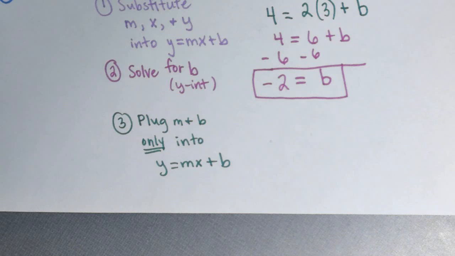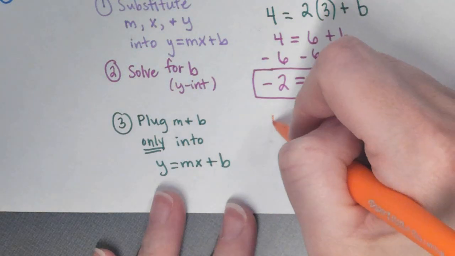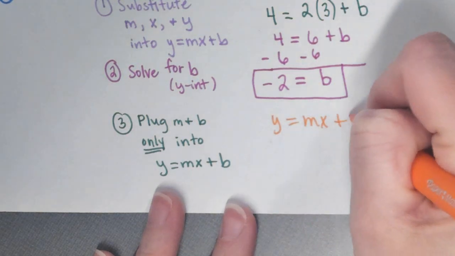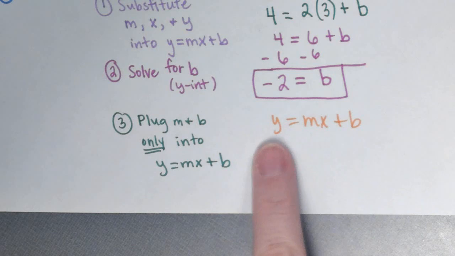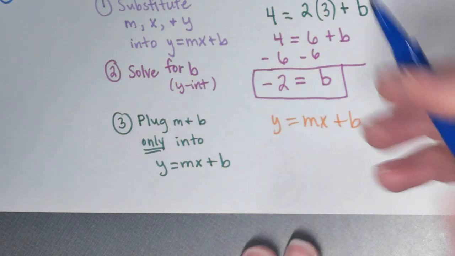Okay, so for your y equals mx plus b, if you're only plugging in the m and the b, you're going to keep your y equals, and I'm actually going to write the equation again. Okay, so if you have y equals mx plus b, you are not plugging in anything for x and you're not plugging anything in for y.